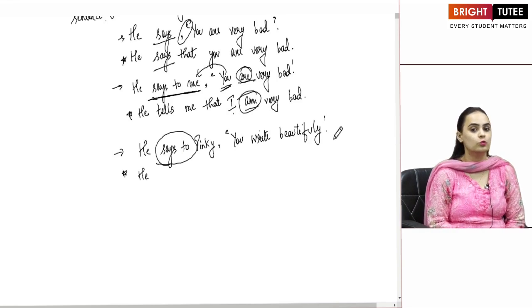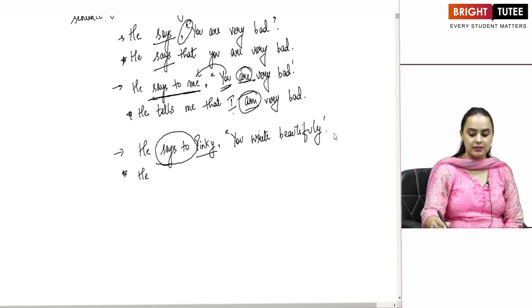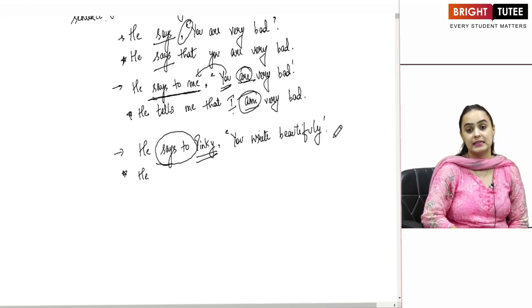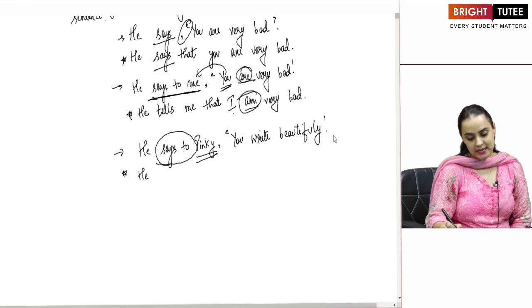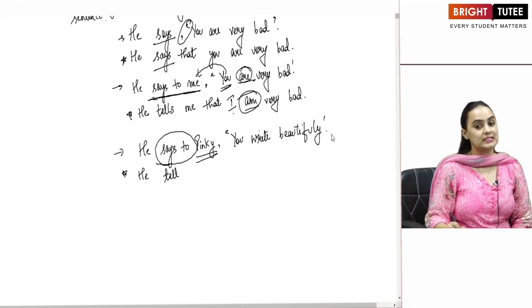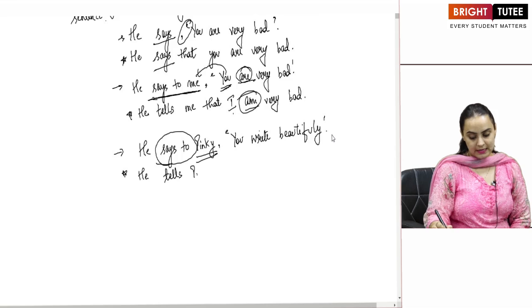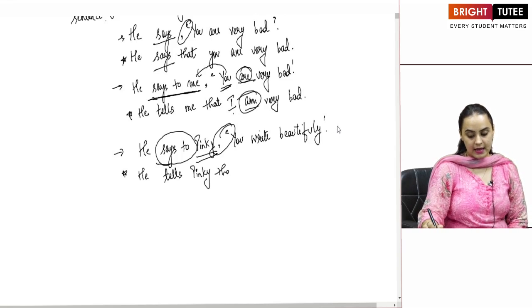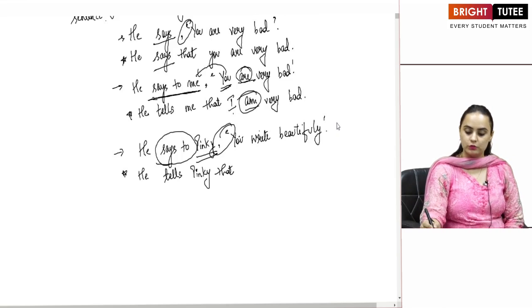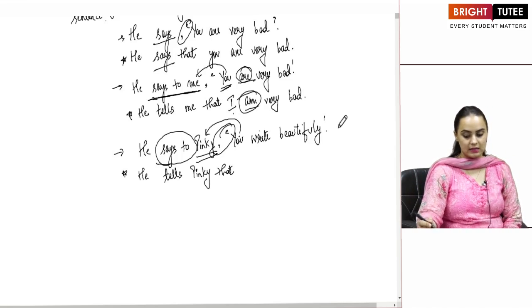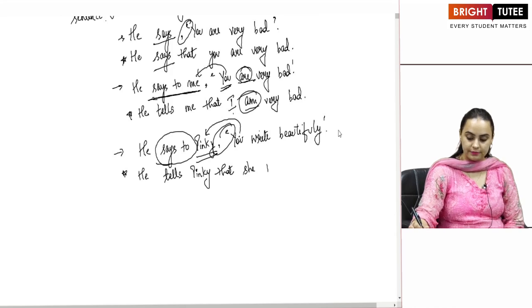Says to. And I have a listener in the sentence. Yes, Pinky is my listener. So says to changes to tells Pinky that. Who is this you used for? Pinky. That she writes beautifully.